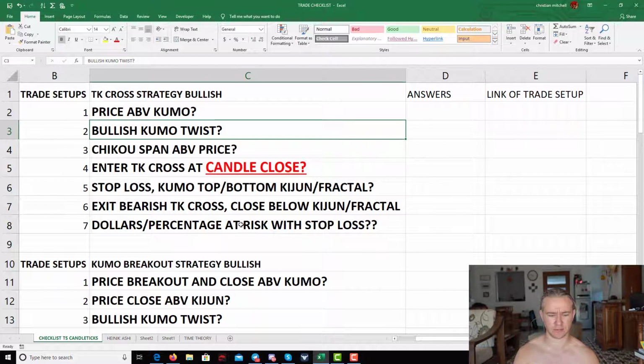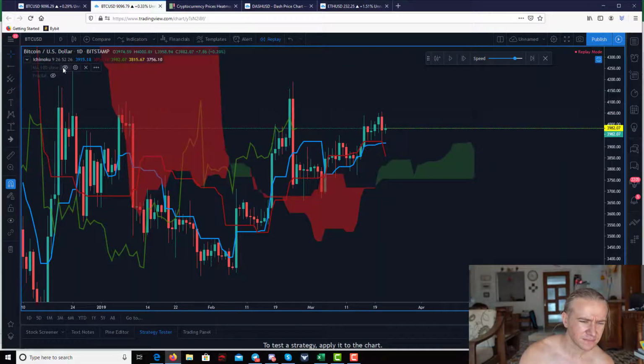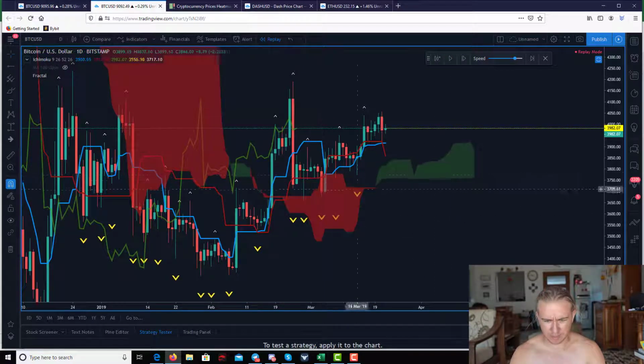So let's go back to the chart. I'm going to put the fractals on. Okay, there they are. So here's a previous bear fractal, and we can mark that level.